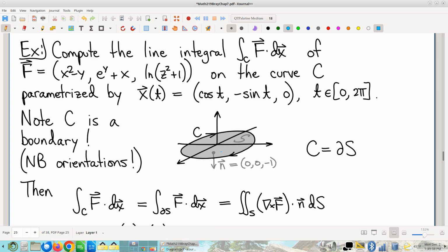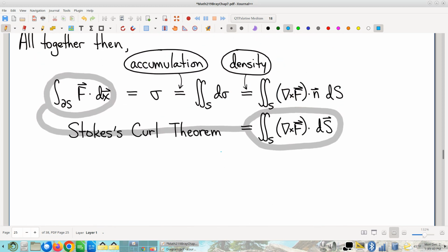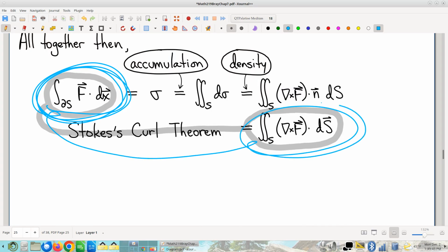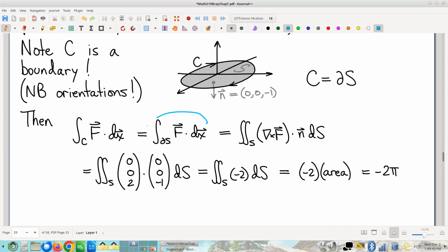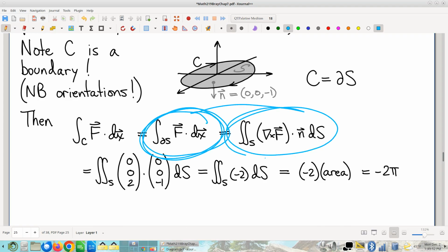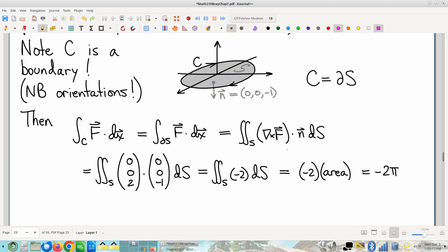Okay, so we have a boundary, and because it's a boundary, boundary line integrals are flux of curl. Notice that I've established that my curve, the curve we were given, is indeed a boundary. So you write down Stokes' theorem, and a couple of details have to get worked out. You do have to compute that curl.